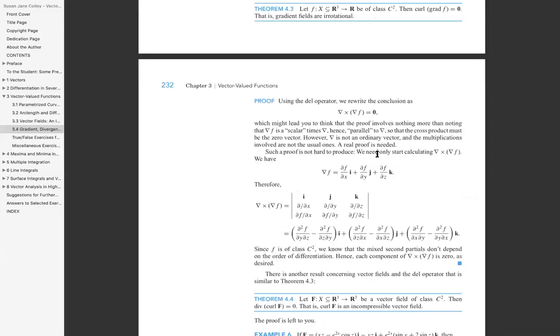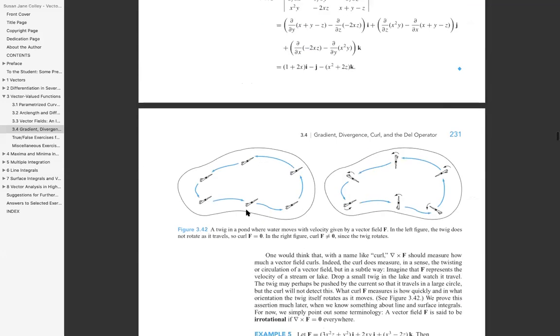When you have a flow in a vector field, the vector field represents the velocity vector, and the flow line of this vector field becomes a path. This doesn't generally describe whether or not the object will rotate.